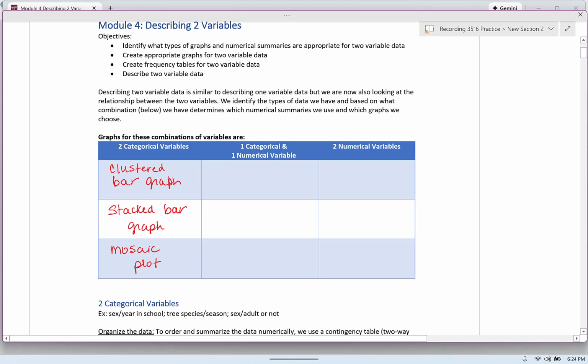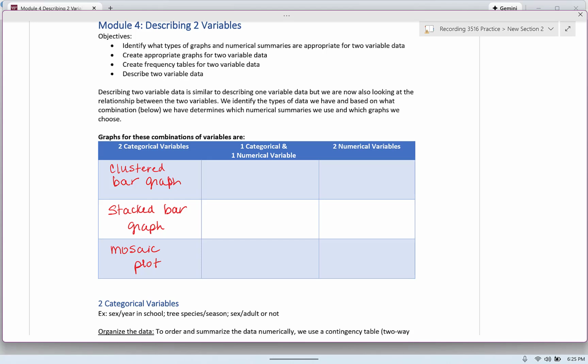If one of our variables is categorical but the other is numerical, we do a separate plot for every single category we have, and then we do a numerical graph. So the numerical graphs that we had were histograms and box plots.